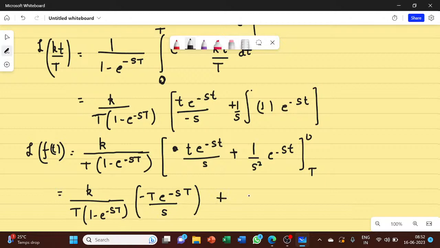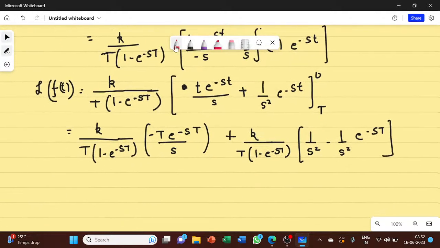And if I write this, it will be minus T, and then you have this plus, and if you place 0 here, so eventually what I will get for the Laplace transform of f(t) is that this would get cancelled, obviously.